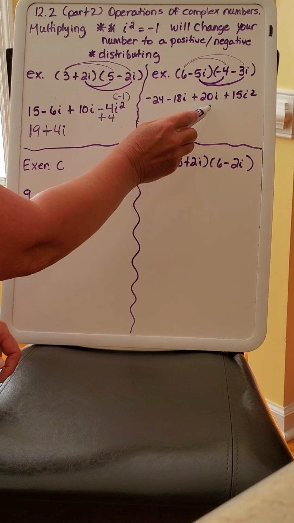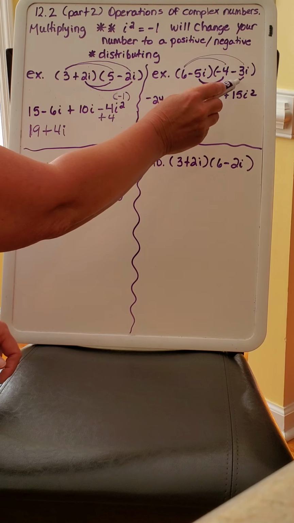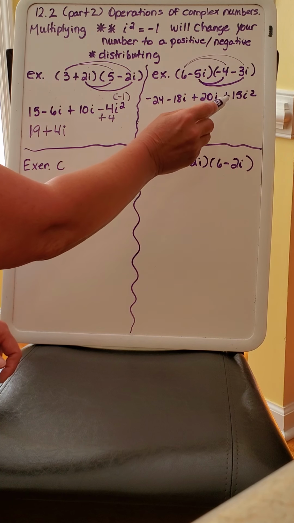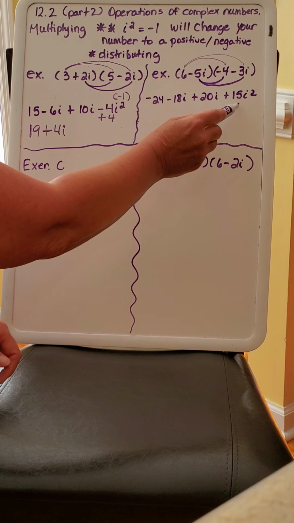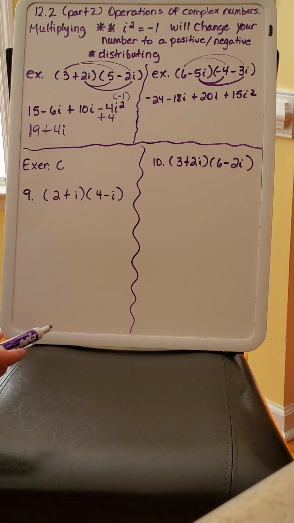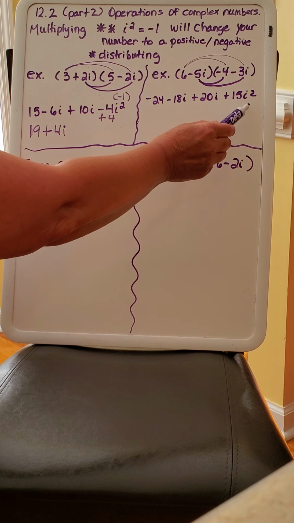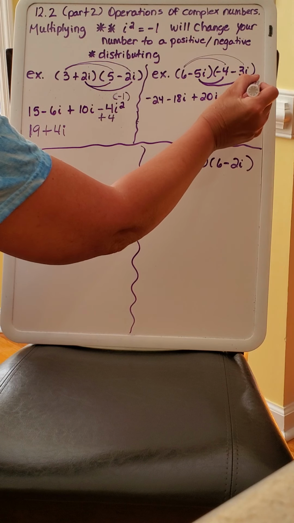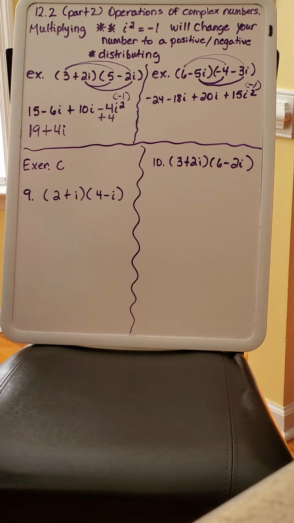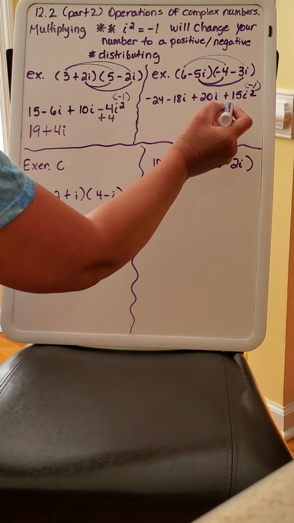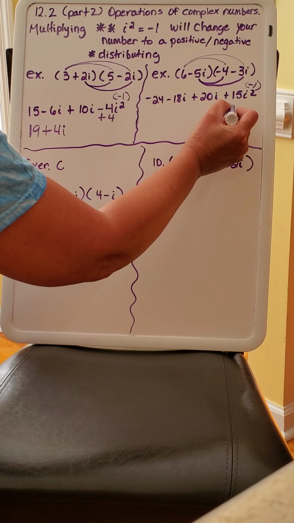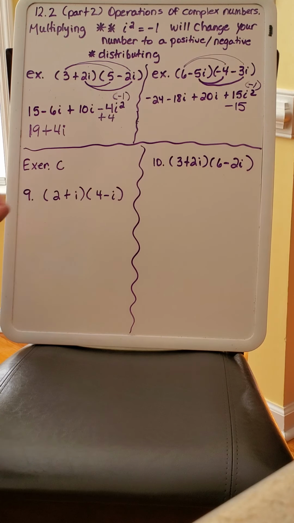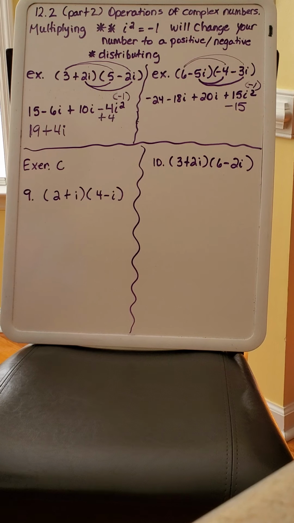Changes to a positive. And then -5 times -3i will make plus 15i squared. But here's the i squared. We know that means -1. And we multiply that by 15, it's going to change it to -15. And the i squared is gone.